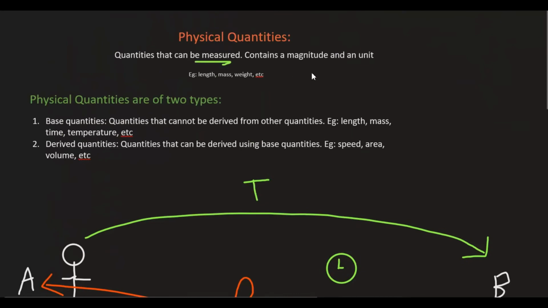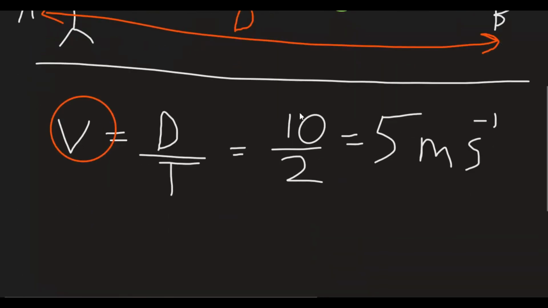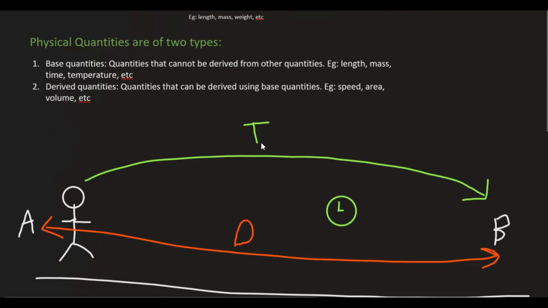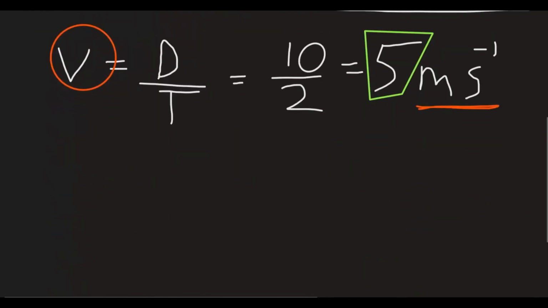So what do we mean by it contains a magnitude and a unit? So let's see. Here we found the velocity, and this velocity contains one, a magnitude, and two, a unit. It goes the same for the time. For example, the time was suppose 2 seconds.